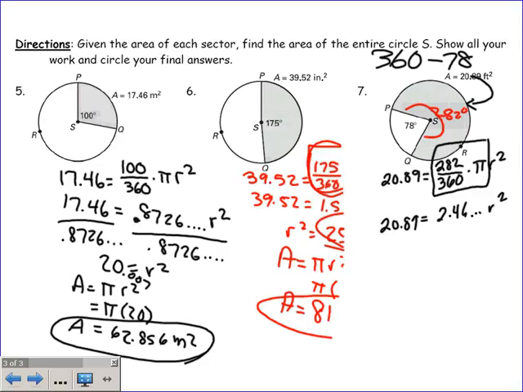Is that okay? It's still r squared. Let's just bring it down. Then all of a sudden we just take 20.89 and I divide by, I use the answer function on here, so I just say second answer on my calculator. I hit enter.